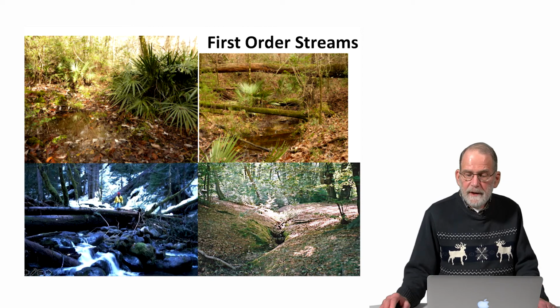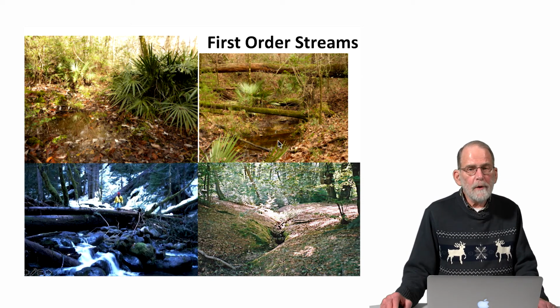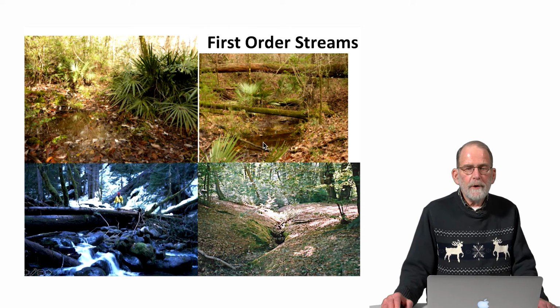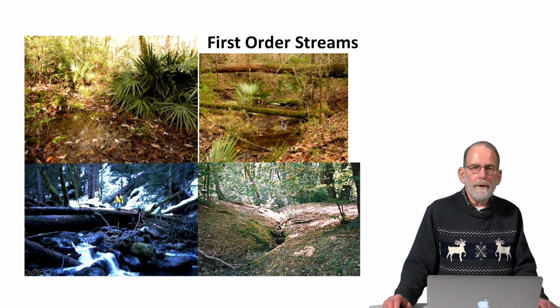So we can see in this channel on the upper right, there is a pool of standing water there, but the water is not moving because there's not enough precipitation that's occurred within the most recent time period. There's not enough surface runoff. There's not enough discharge from soil moisture to support perennial movement of water through that first order stream channel.